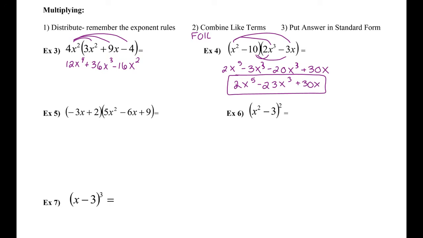And we're going to look at one more example together, and that's example 5. Example 6 and 7 you're going to try on your own. For example 5, I'm going to start by distributing negative 3x to everything.